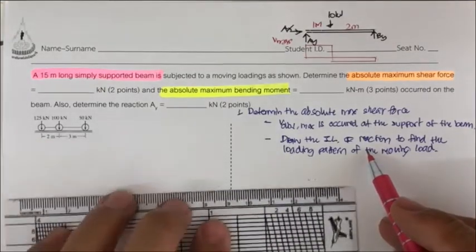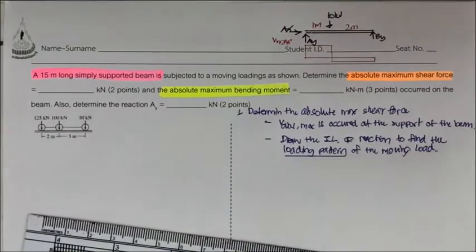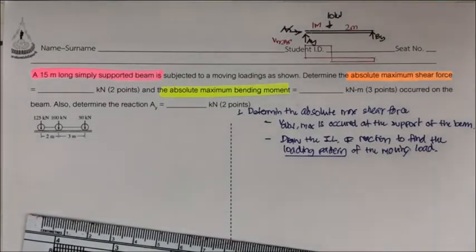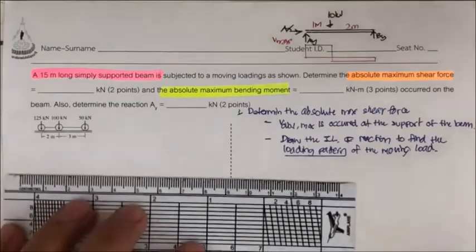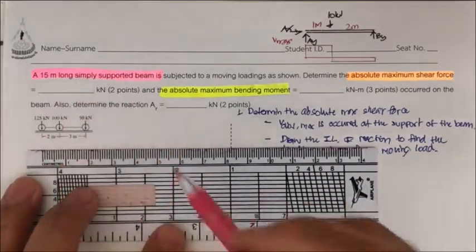And if you determine a proper moving load, we will get the maximum shear. That means we're going to do trial and error by moving the load appropriately on our beam. For the first one, let's have the 15 meter long beam.